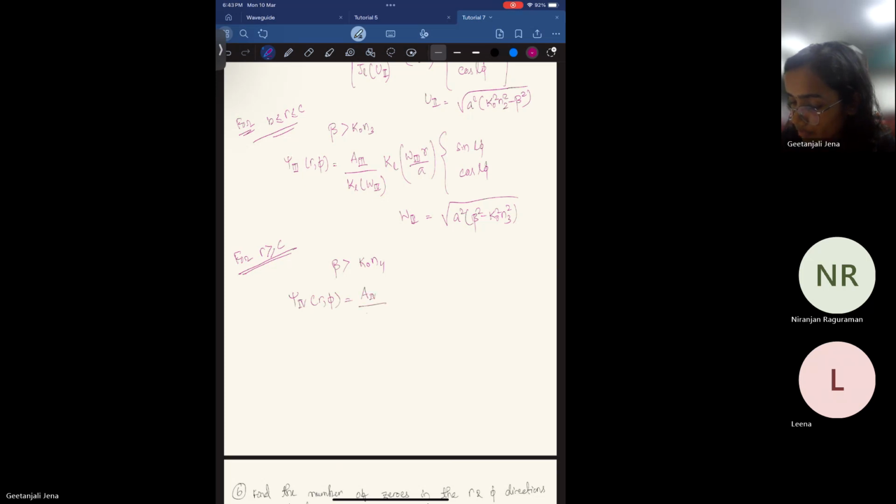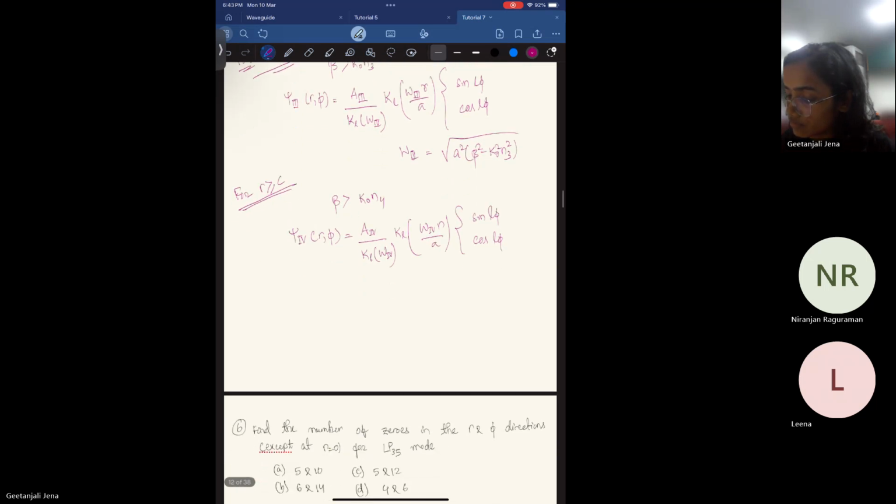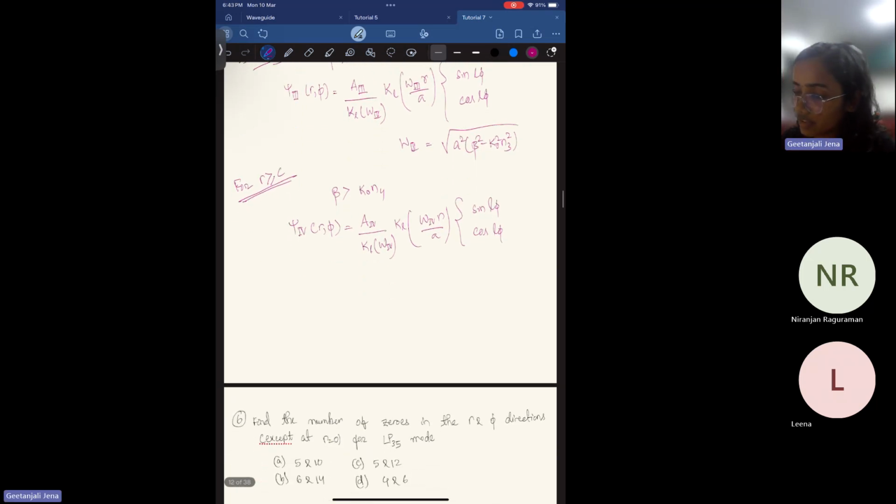A4 K_L(W4 R by A) sin L5 cos L5. And W4 is square root of A square beta square minus K0 square N4 square.